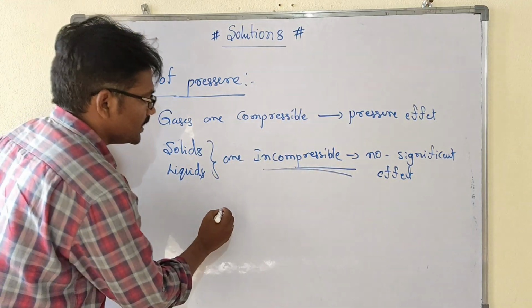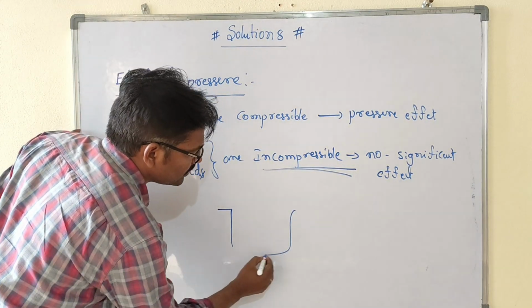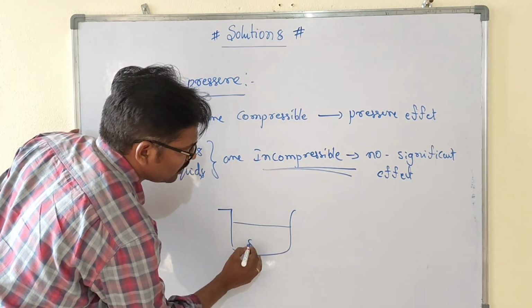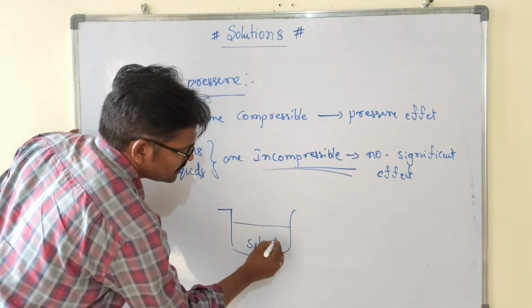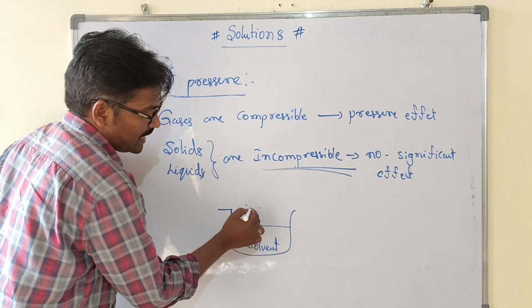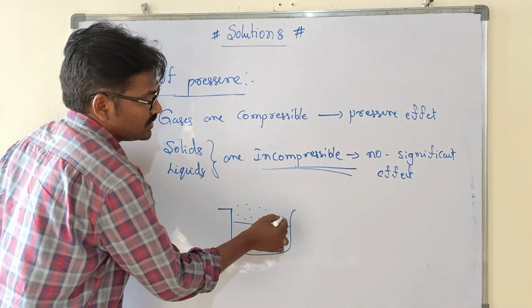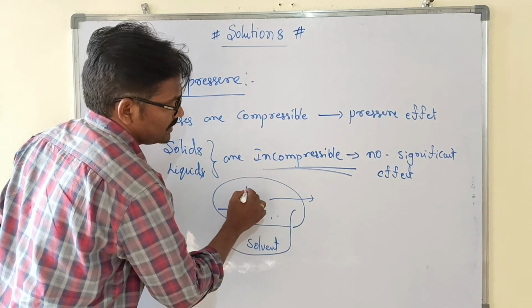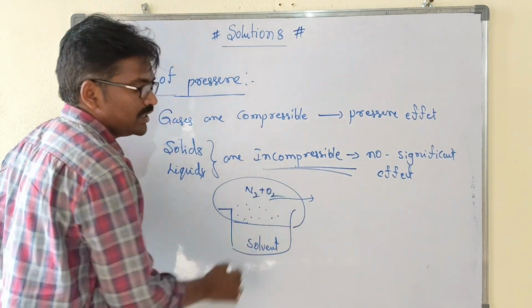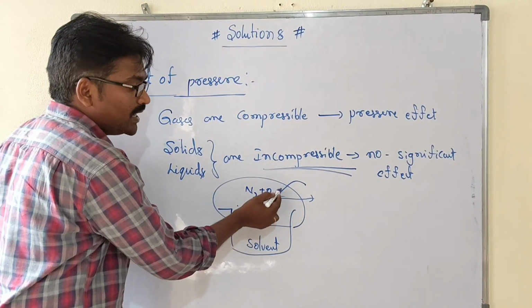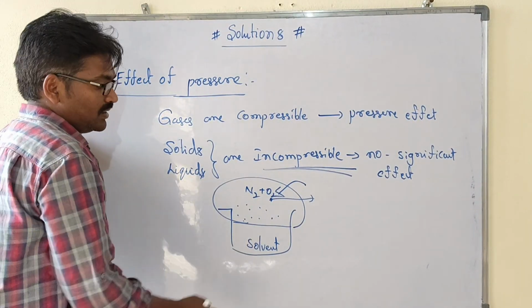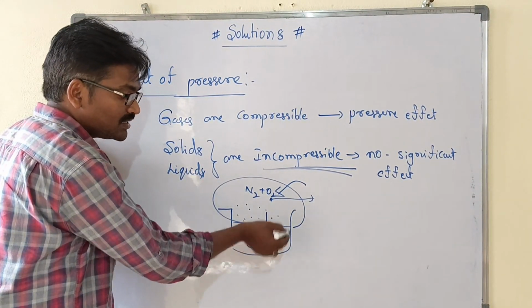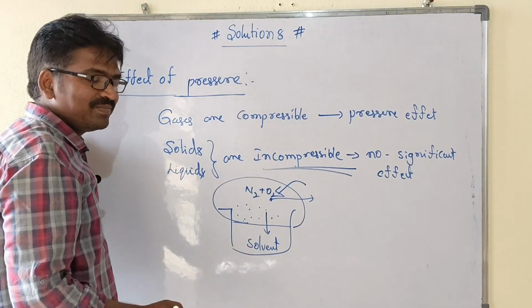Look at it: any gas and any solvent. Here the solvent is there, and the gas will be present. Atmospheric gas is present in the closed vessel, just atmospheric gas, nothing but N2 plus O2. When the pressure increases on the gas, the solubility of the gas in the solvent increases.